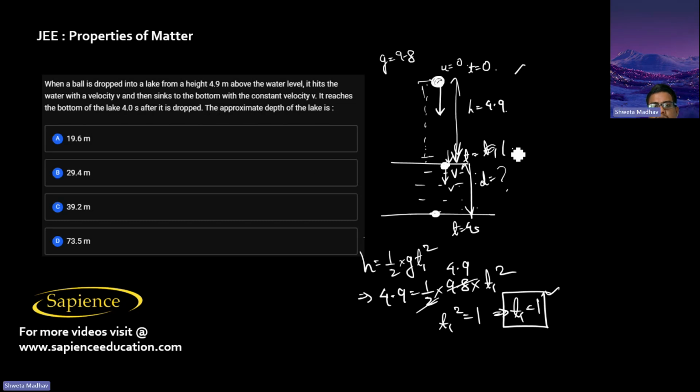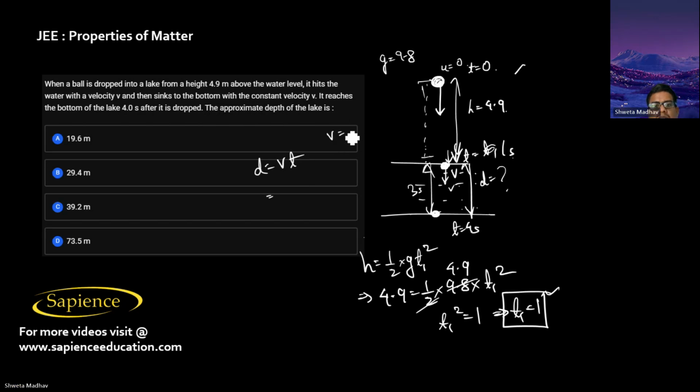So at 1 second it will reach the surface of the lake, and 3 seconds it will take to cover this depth of the lake. So depth will be equal to v into t. With what velocity will it hit the surface of the lake?